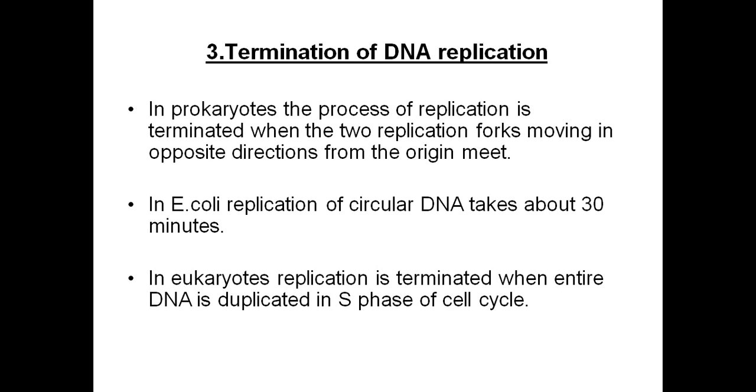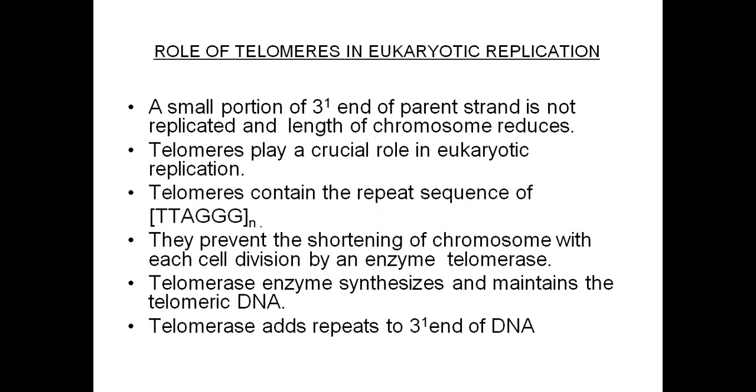In case of the bacterium Escherichia coli, the replication of circular DNA takes about 30 minutes to complete. I told you in case of eukaryotes it takes 9 hours to complete the DNA replication process. In eukaryotes, replication is terminated when the entire DNA is duplicated in the S phase of the cell cycle. So this is how termination takes place.